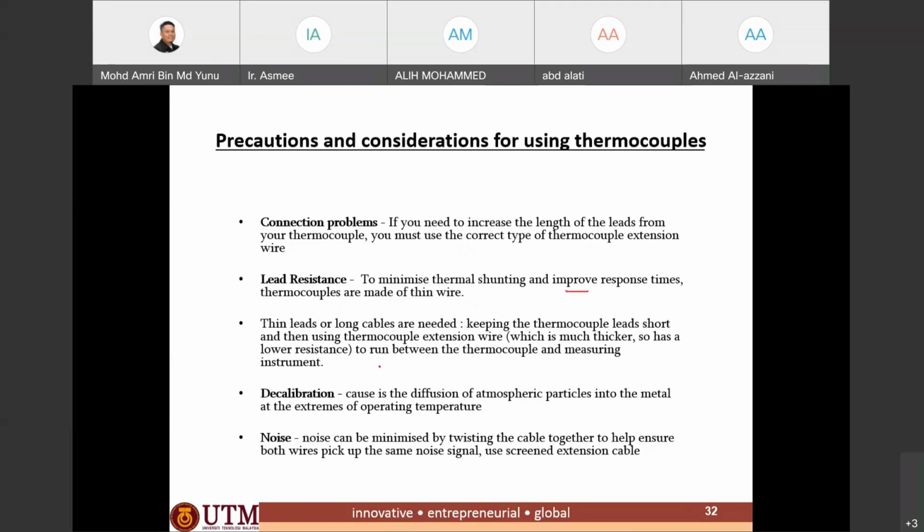Noise can be minimized by twisting the cables together to cancel out the noise. So the wire is basically twisted to cancel out the noise induced on the wire or the connection.